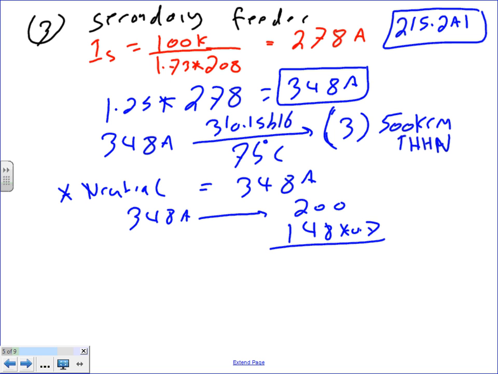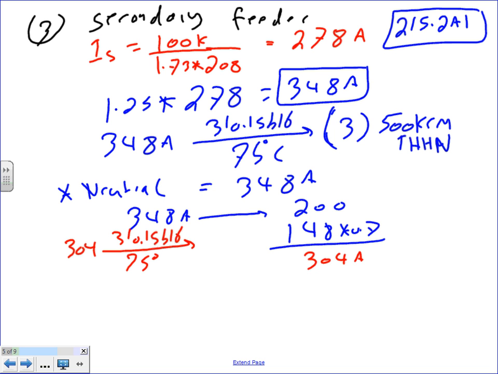I don't have my calculator. I need somebody to do that. Derate the neutral: 200 plus 70% of 148. Anybody has a calculator handy? 304 amps. Then you take the 304 to 310.15 B16, 75 degree column. What do you get?